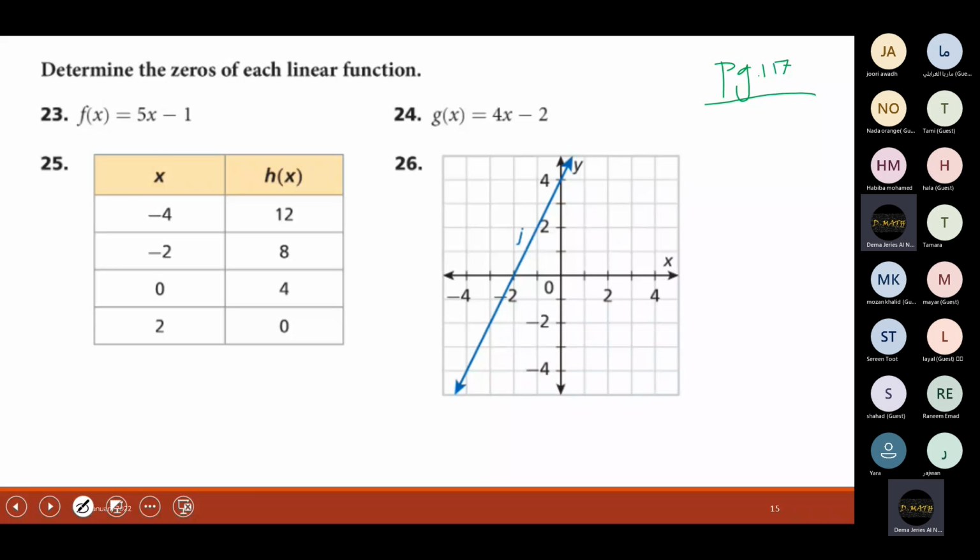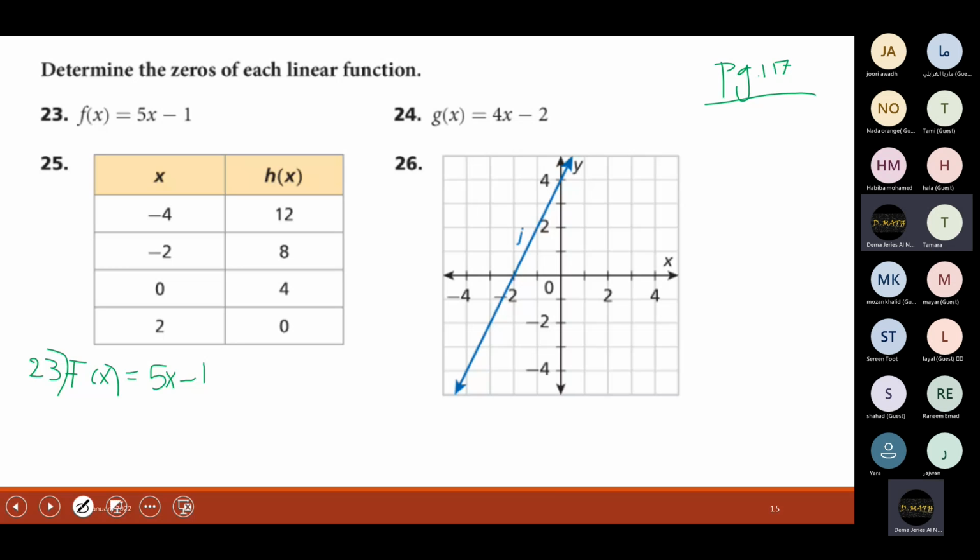If I have an equation like number 23 here, how can I find the 0 of the function? In case number 23, we have the function f of x equals 5x minus 1. What is the 0 of the function? Where is f of x equals 0?